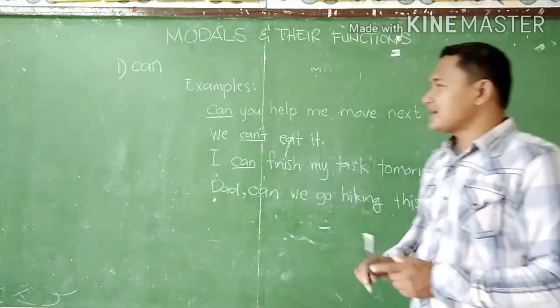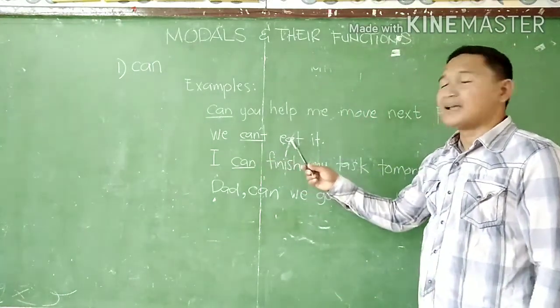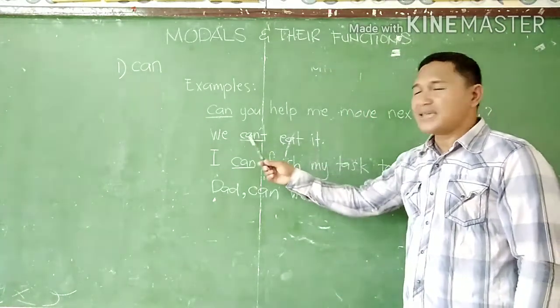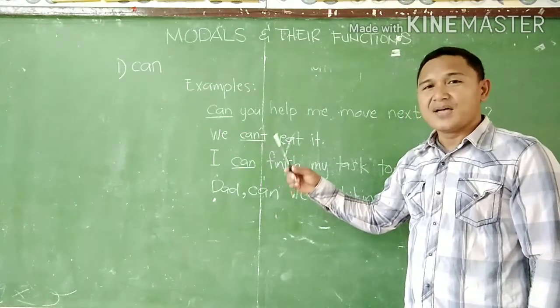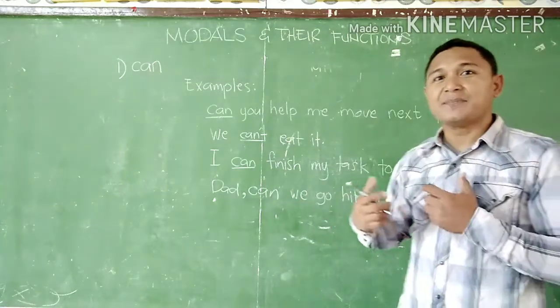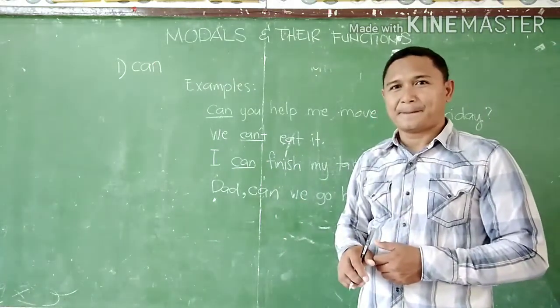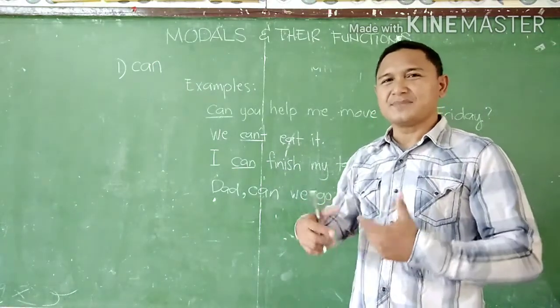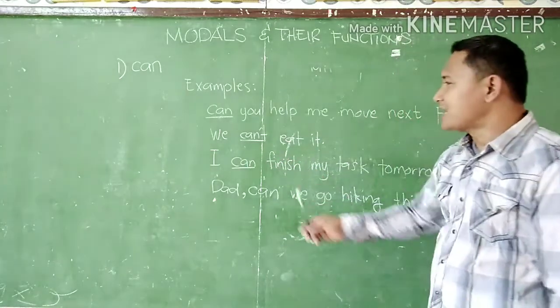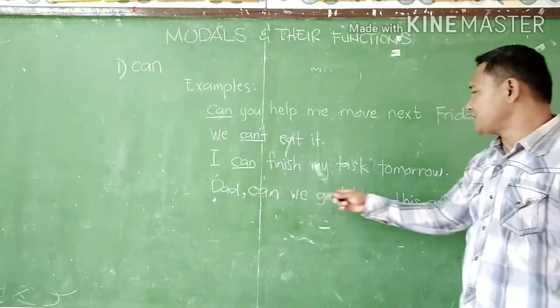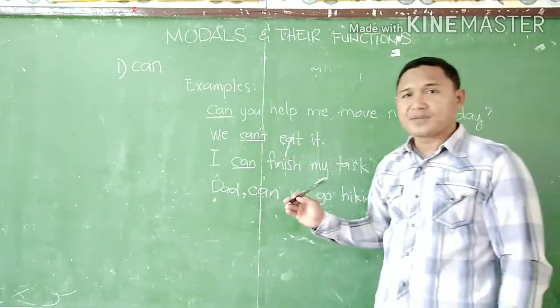Okay. Next, we can't eat it. Can't here is in a negative form, and that means impossibility to do. That's impossible to do. We can't eat it. Next is, I can finish my task tomorrow.